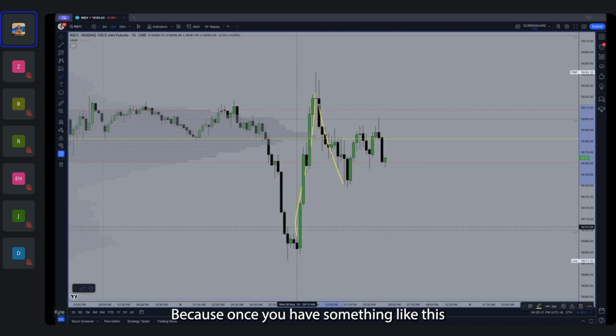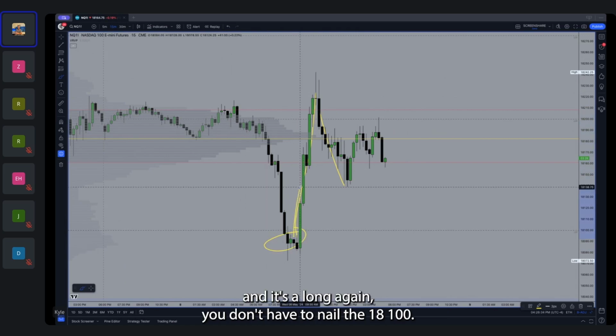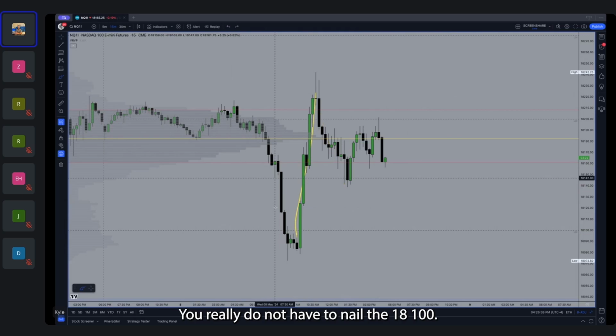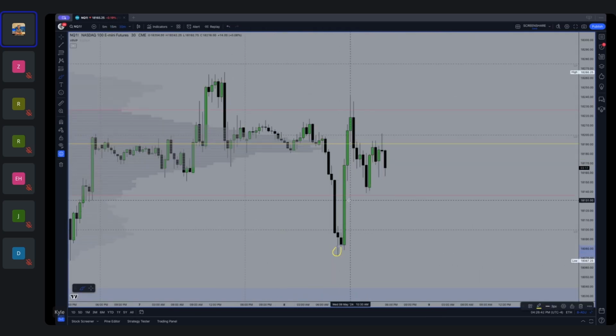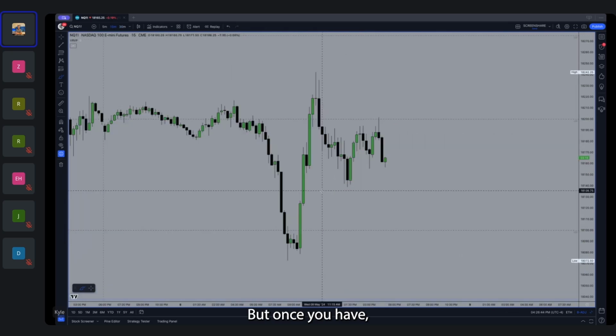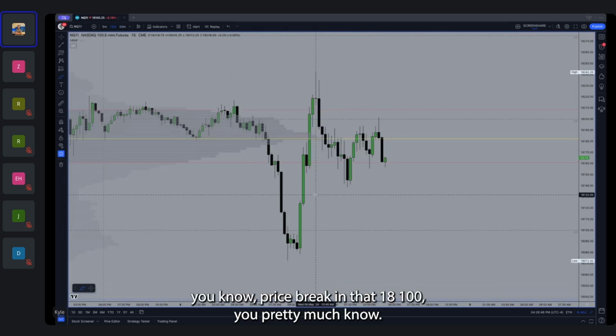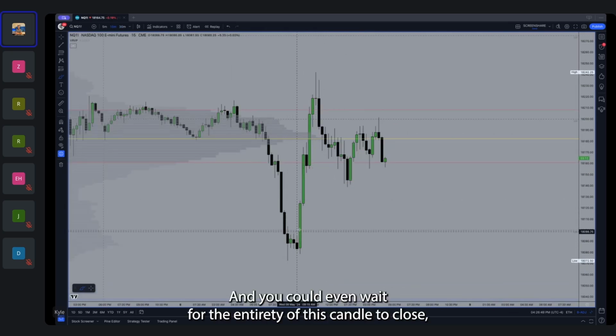Once you have something like this and it's a long, again, you don't have to nail the 18,100. You really do not have to nail the exact low. But once price breaks 18,100, you pretty much know, and you could even wait for the entirety of this candle to close.